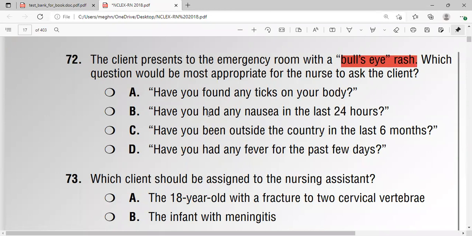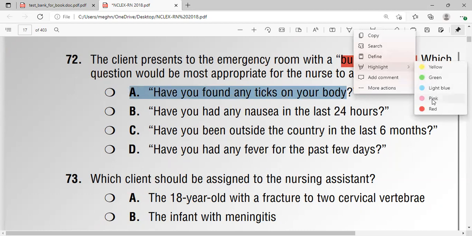Number B, have you had any nausea in the last 24 hours? Number C, have you been outside the country in the last 6 months? Number D, have you had any fever for the past few days? The correct answer is number A, right? Number A is the correct answer.